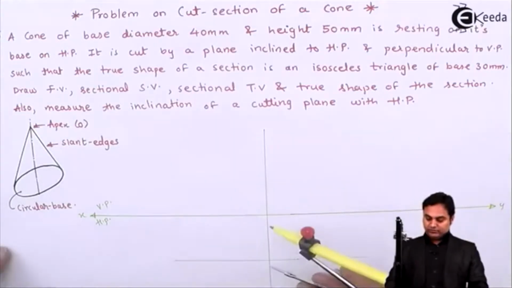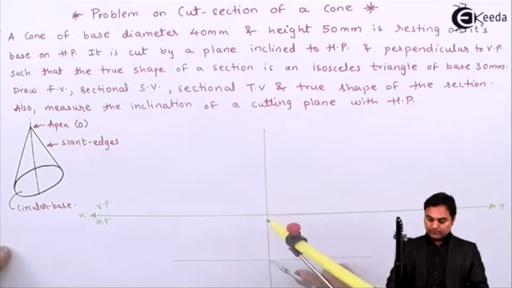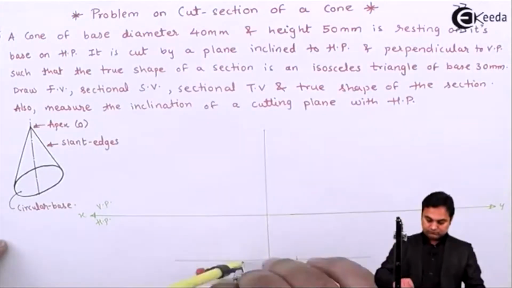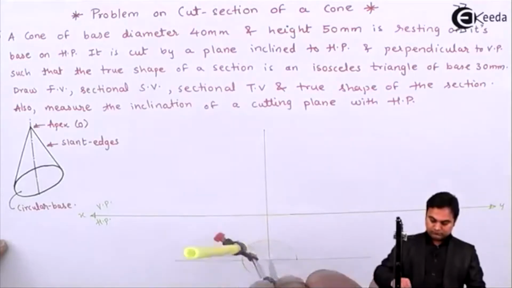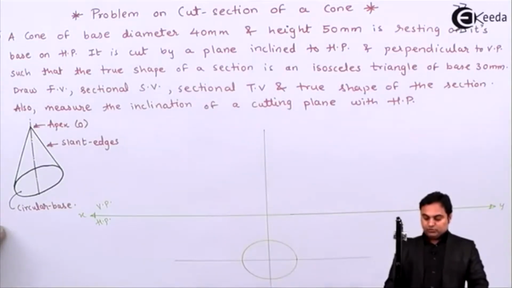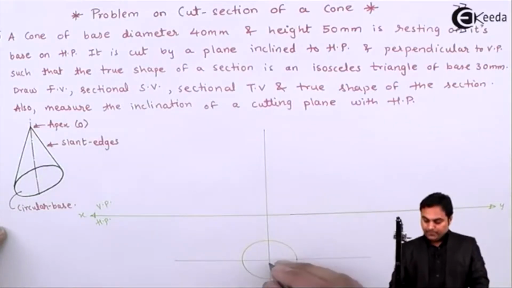Drawing a light circle through it for the base of the cone. So this is the light cone which we are going to see from the top.